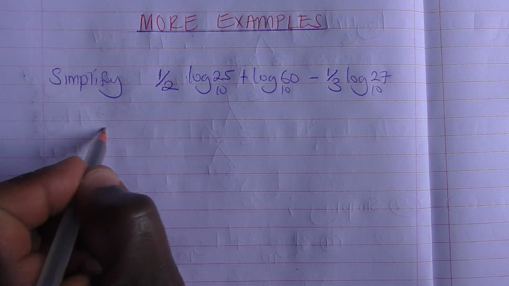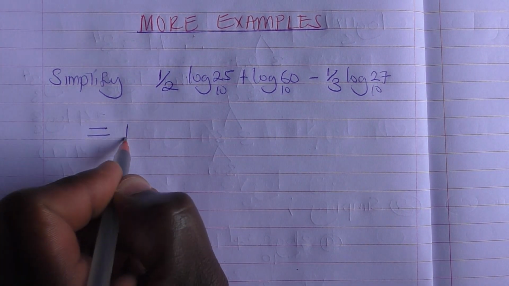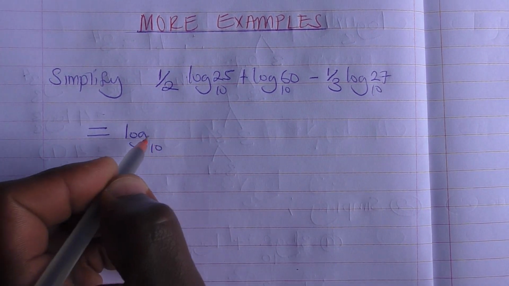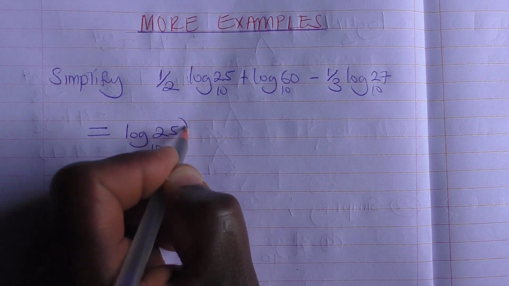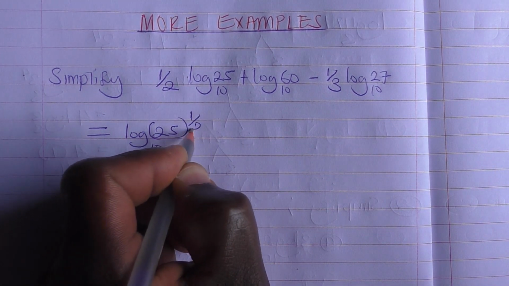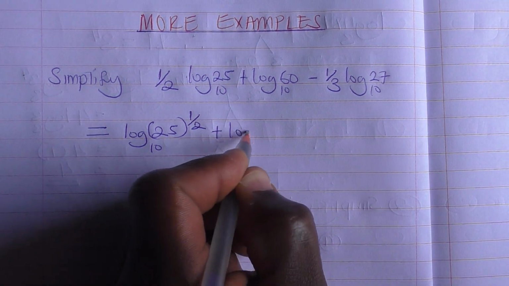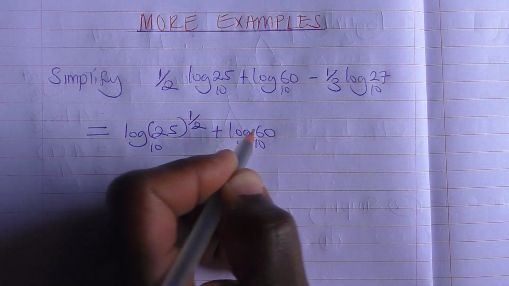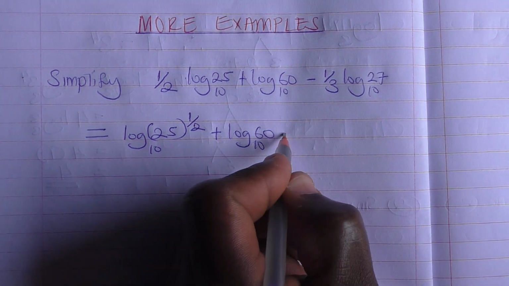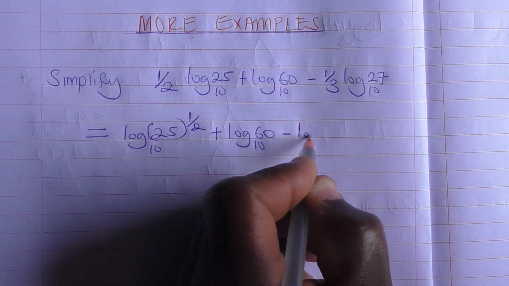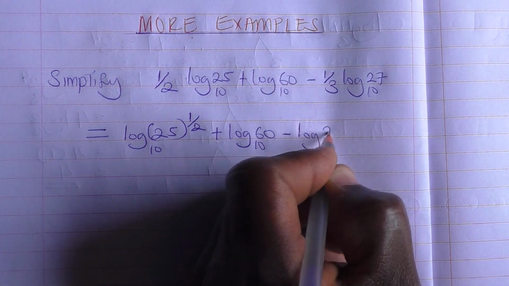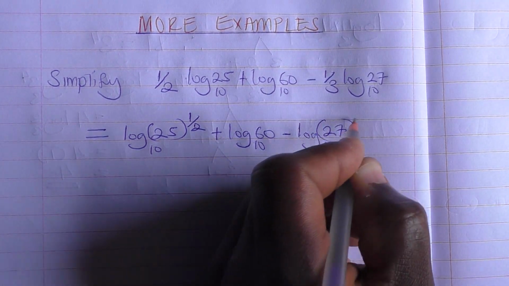So that is log 10 power 25 power half plus log 10 power 60 minus log 10 power 27 power a third.